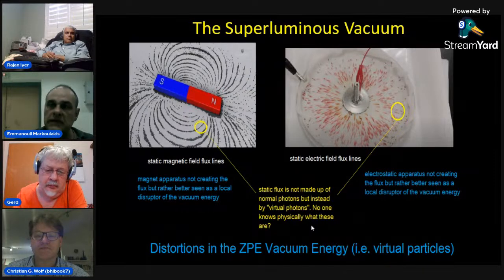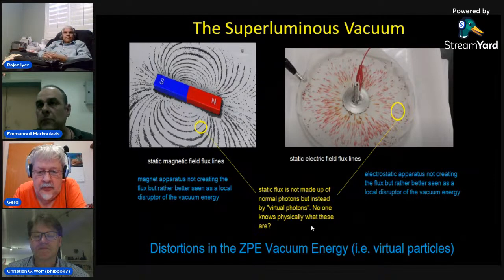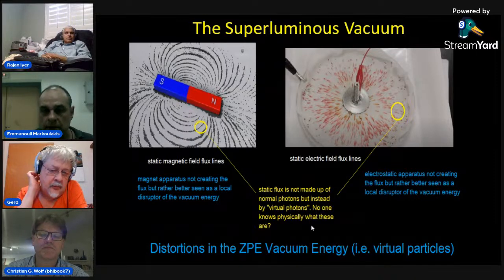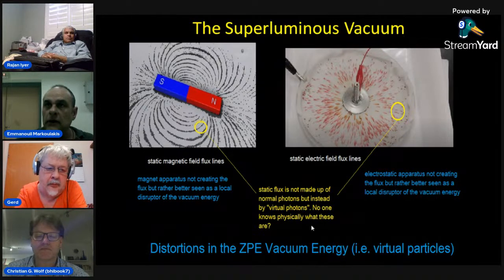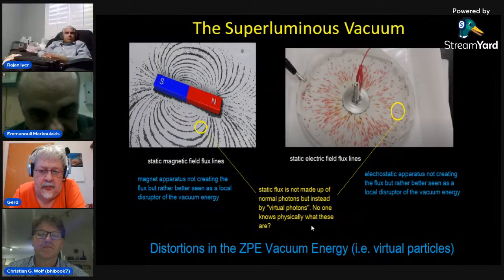Of course, I said then that photons are not the only virtual particle. We have also virtual pairs, namely electron and positron pairs, which are coming out of the vacuum, and all this stuff together is known as the quantum foam of the vacuum.